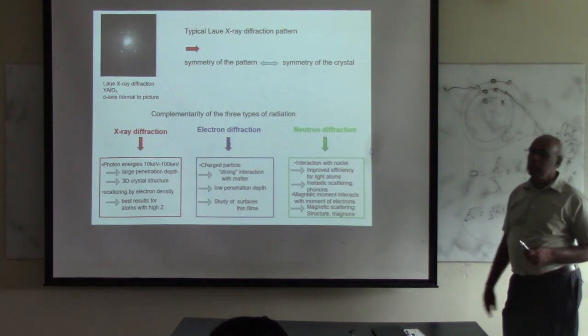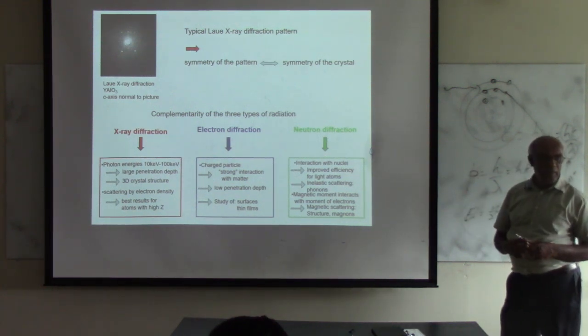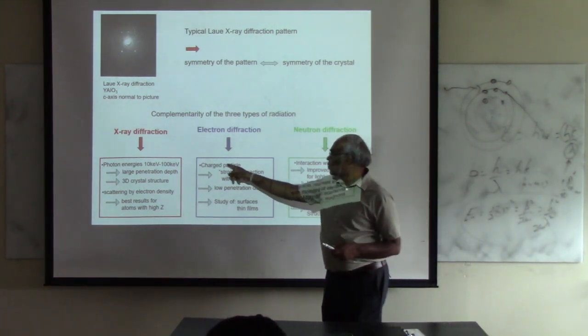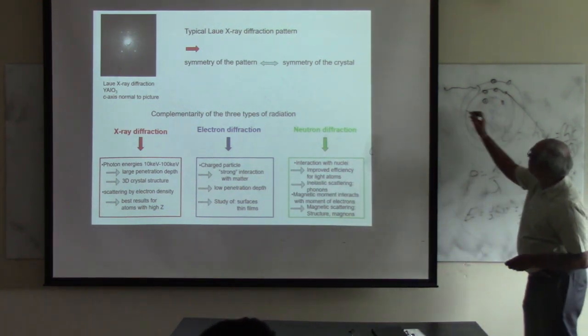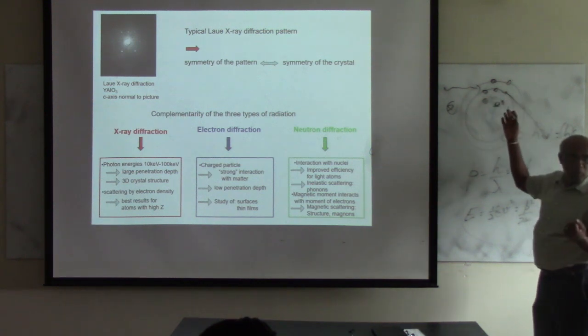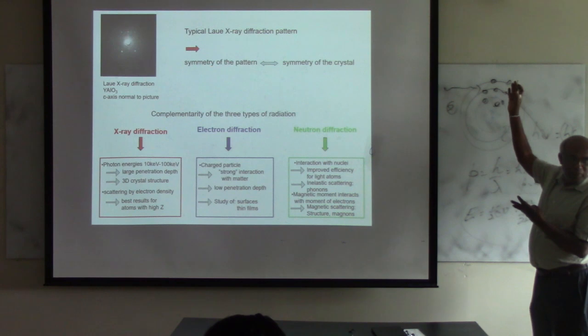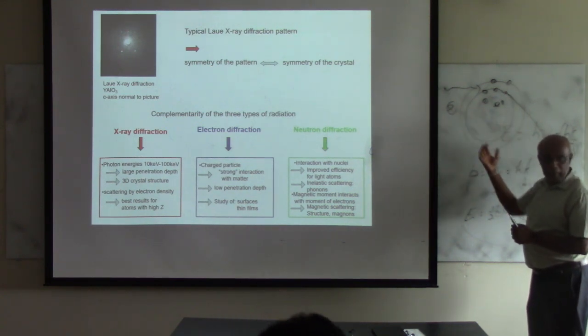Neutron also has much lower energy, but the important thing is the electron has charge, negative charge. So when an electron comes in, the material's electrons are also negative, so they get repelled, right? That means you don't have much interaction with the material.